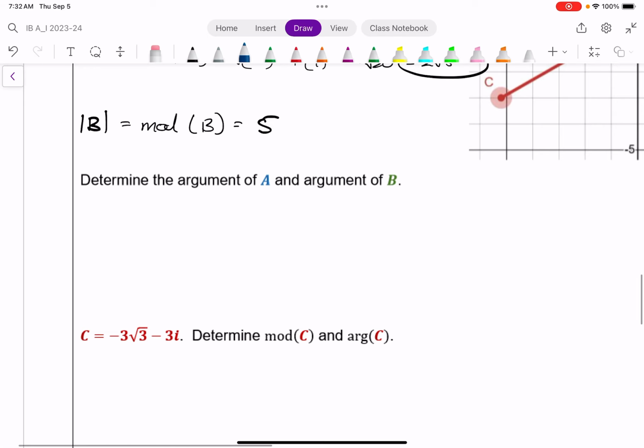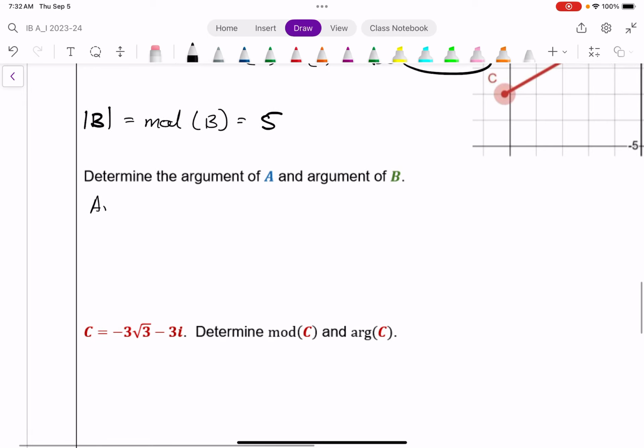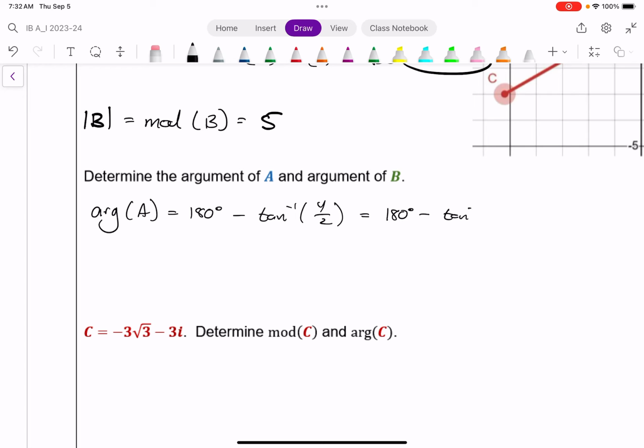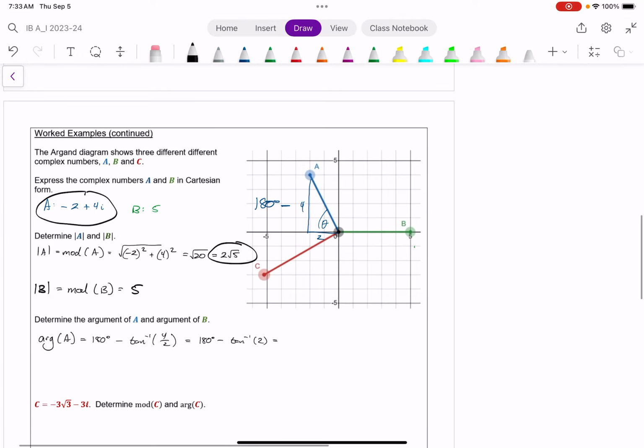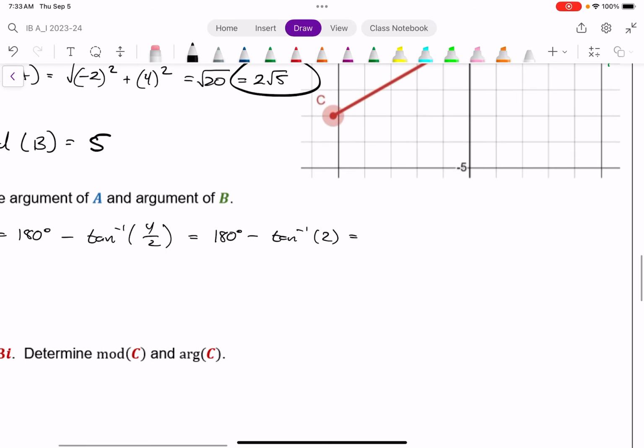So the argument of A, which is that angle again, we tend to write arg, actually, I should have a lowercase. arg of A. I'm going to calculate it with 180 degrees minus the inverse tan 4 over 2, or just 180 degrees minus the inverse tan of 2, and I get 180 degrees minus 63.435 degrees. And again, 63 degrees roughly is that angle right there, that reference angle if we think about trigonometry. And I'll write this to 4 significant figures. That means the argument comes to 116.6 degrees.